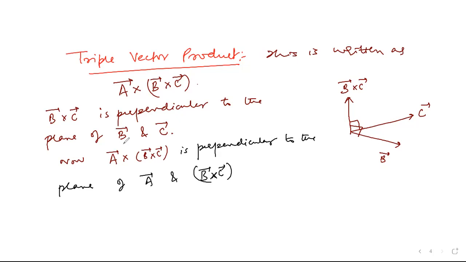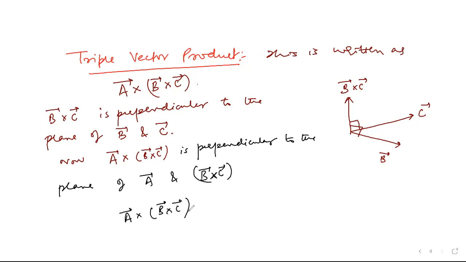So by definition, A cross B cross C is perpendicular to the plane of A and B cross C. We are here interested in the fact that A cross B cross C is perpendicular to B cross C. It's perpendicular to both A and B cross C, but we are interested in this portion.